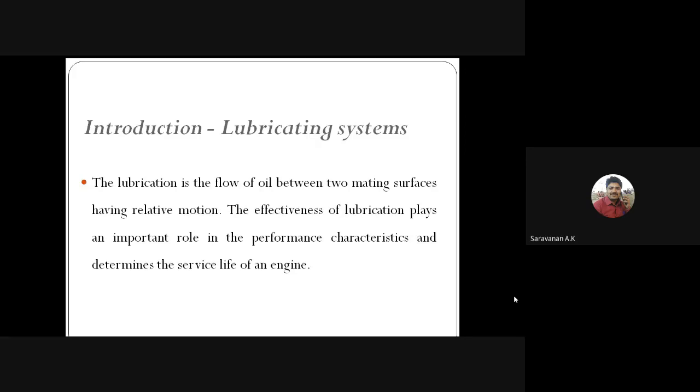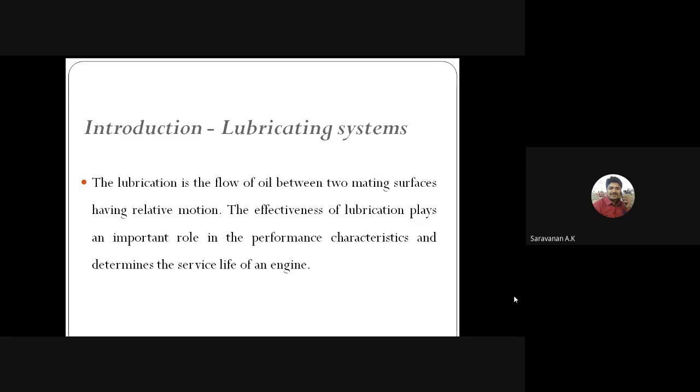This may cause frictional forces, and due to the frictional forces heat may be generated. It causes wear in the mating surfaces or relative motion of the components, and there may also be some power losses.